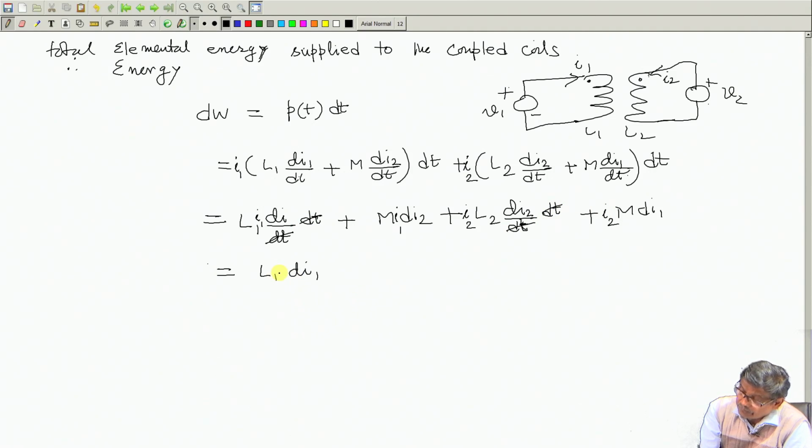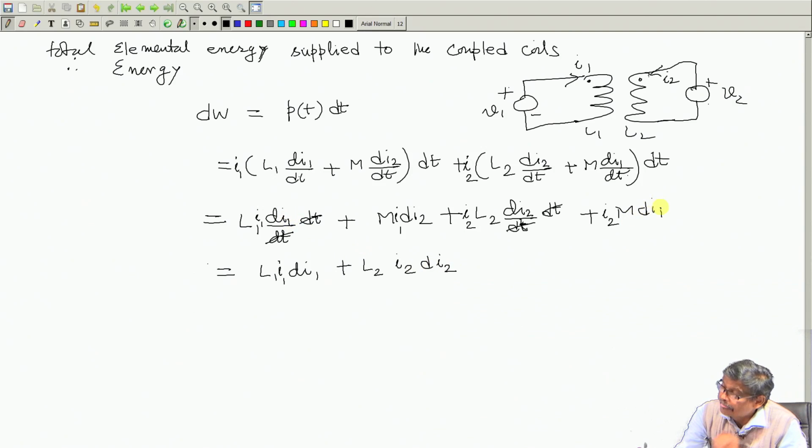So, it will be L1 I1 dI1 plus L2 I2 dI2, plus M I1 dI2 plus M I2 dI1.